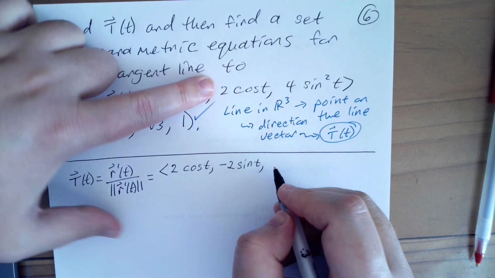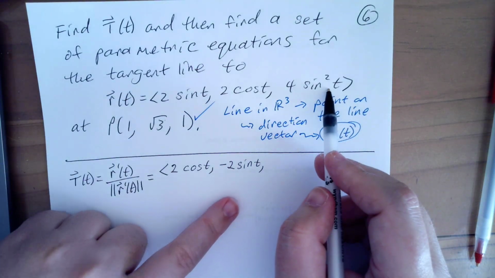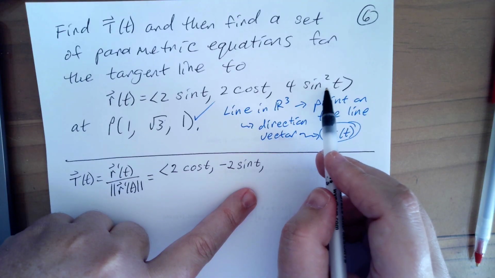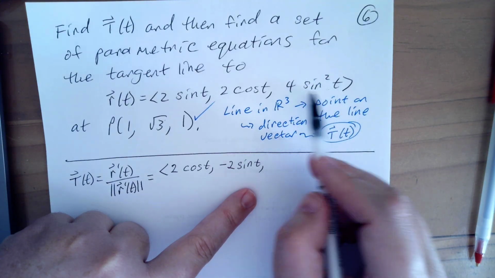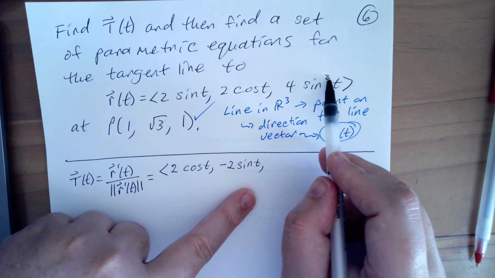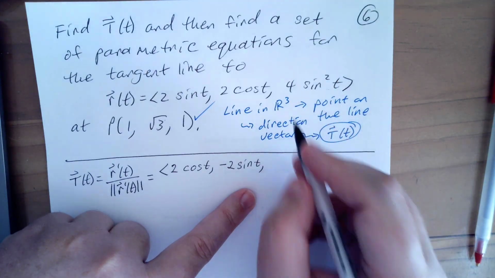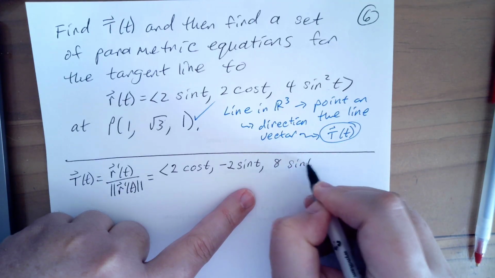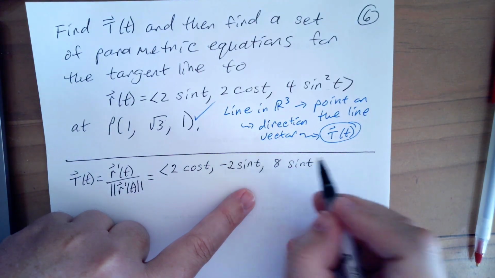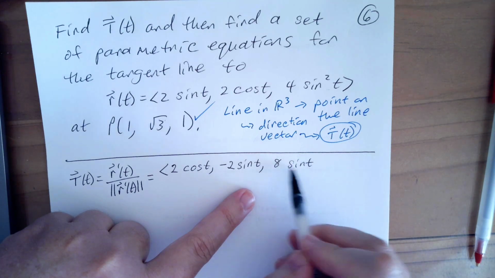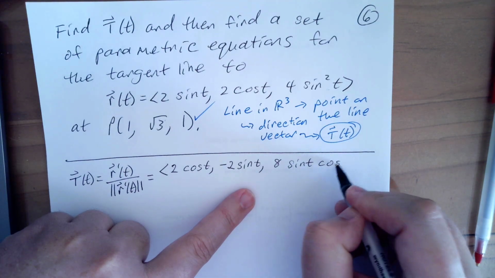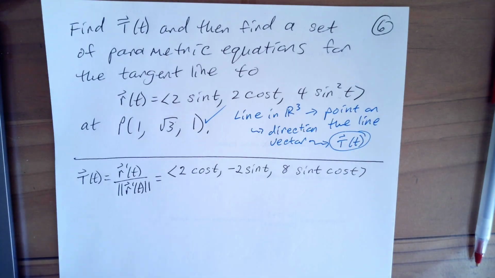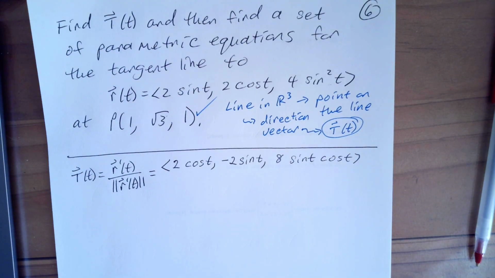Now this one, I think we're going to have to use a little bit of chain rule, because this is sine being squared. So we bring down the 2, so 2 times 4 is 8. Leave the sine by itself, reduce the power by 1, so this is now being raised to the first power. And we take the derivative of sine, which is cosine of t. A little bit of a review of chain rule.